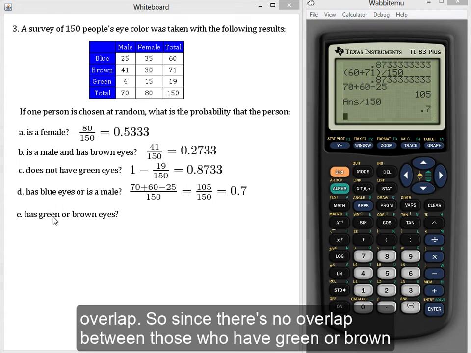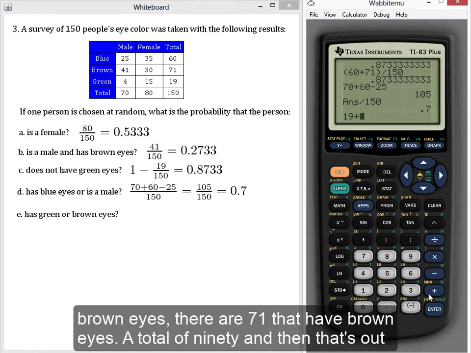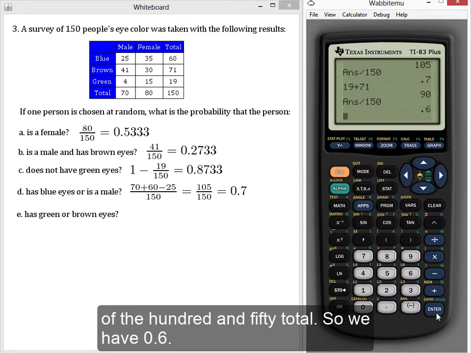So since there's no overlap between those who have green or brown eyes, all we have to do is just add their respective numbers. So green, there's 19. Brown eyes, there are 71 that have brown eyes, a total of 90, and then that's out of the 150 total. So we have 0.6.